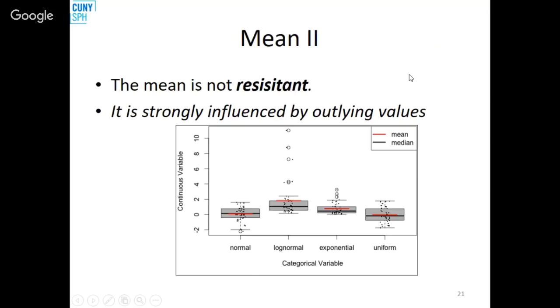So things to know: the mean is not resistant, meaning it is strongly influenced by outliers. These are 4 different real distributions: a normal distribution, a log normal distribution. That is one where if you take the log of all the values, then it becomes a normal distribution.